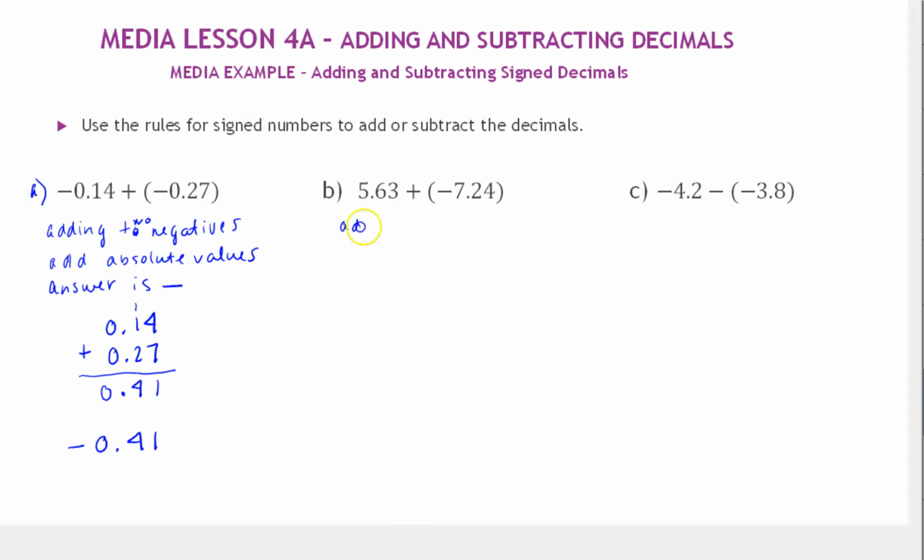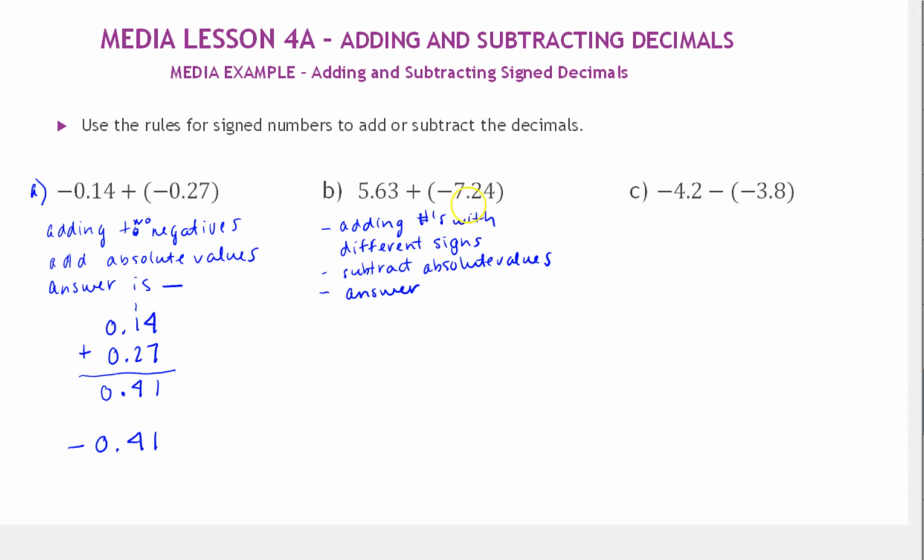I am adding numbers with different signs. So I'm going to subtract the absolute values, the smaller from the larger, and my answer, now is it going to be positive or negative?